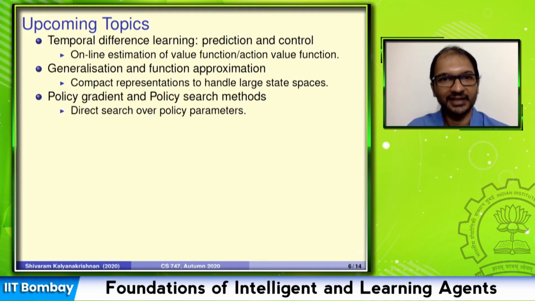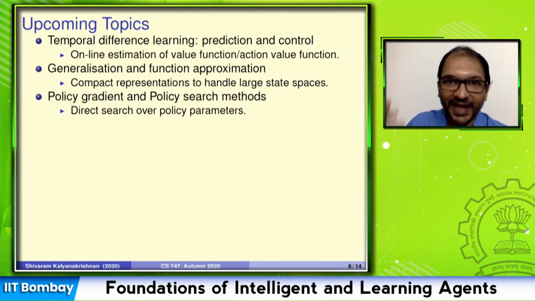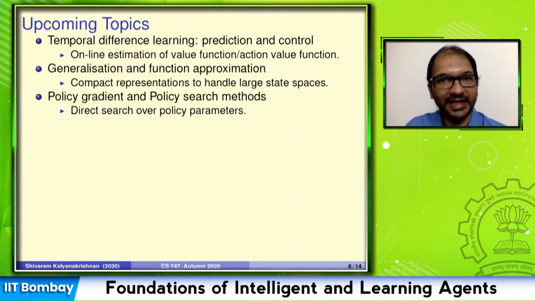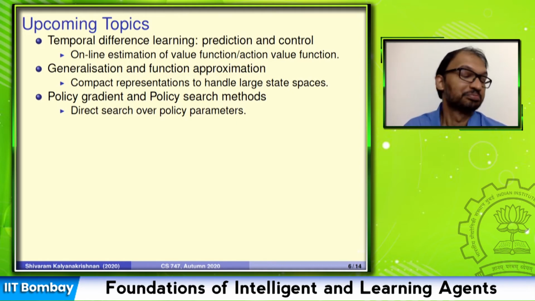Somewhat different class of methods, which in principle bypasses the learning of values, is called policy search or policy gradient methods. The idea with policy gradient methods is that finally what we want is a policy that's giving us lots of reward. Do we necessarily need to estimate the value function of this policy in entirety in order to induce the policy? Maybe not.